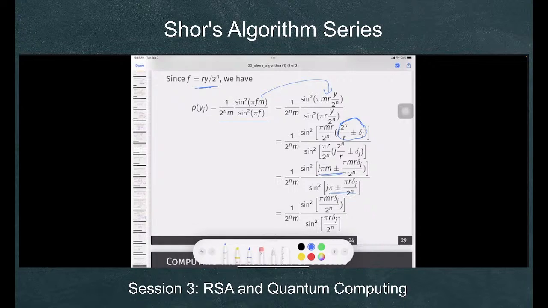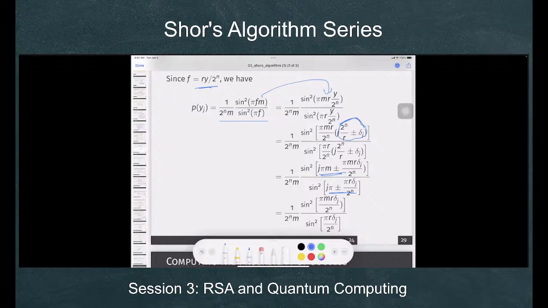Now, according to the trigonometric identity for sine, the addition formulas, if you still remember your trigonometry, sine of A plus or minus B, it will give you this down here.